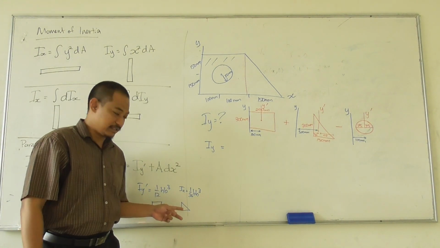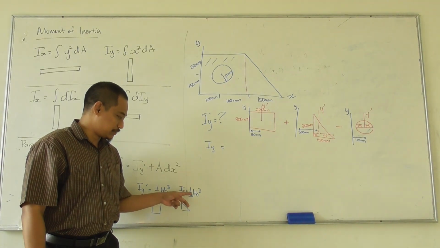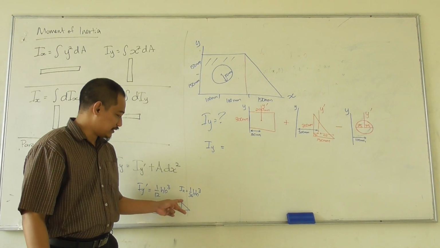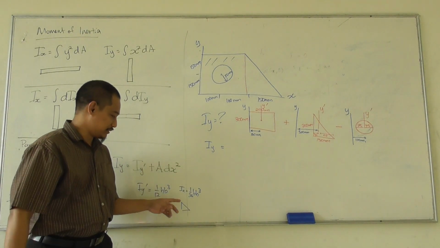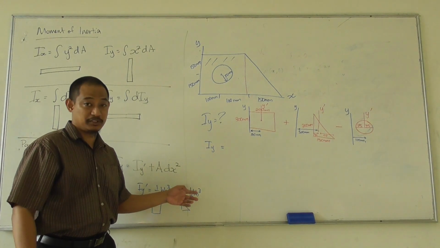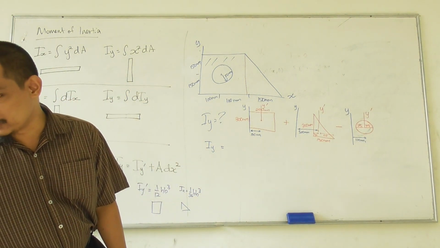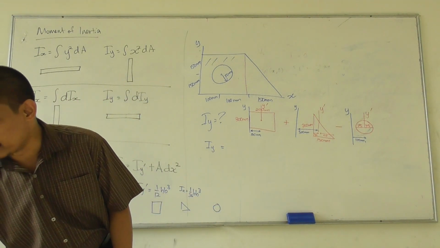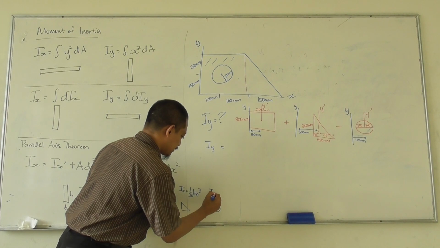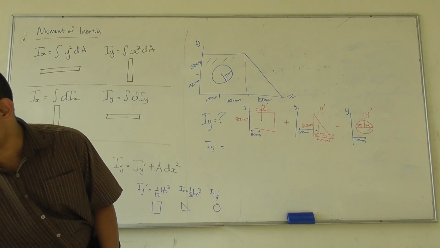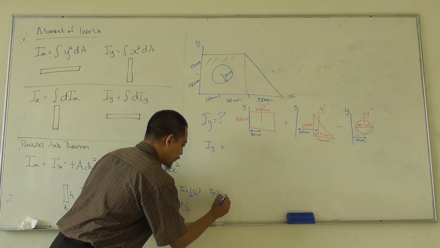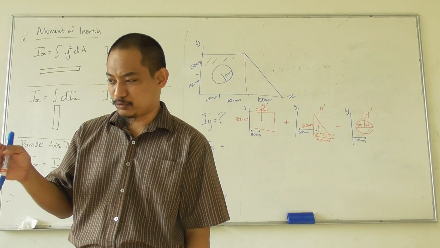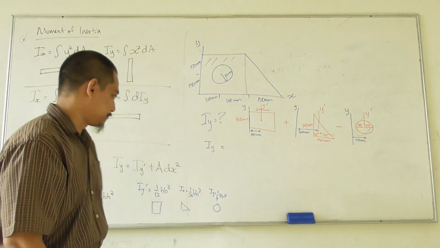But for triangle, it only gives you Ix 1/36 BH cubed and no Iy is given because of the way the triangle is drawn. So you have to understand that Iy is just the 90 degree rotation of this one, or 1/36 HB cubed, right? And for circular area, the table will give you 1 over 4 pi r power 4, and it's the same because it's a circle, so 1 over 4 pi r power 4 for Ix and also Iy.